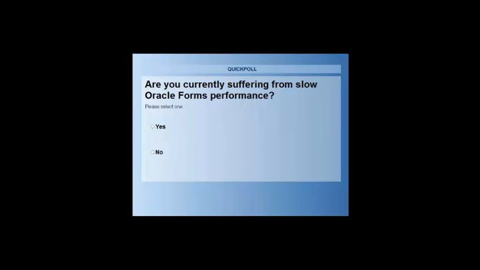The first thing I wanted to know is, basically, how many of you are actually suffering from Oracle Forms performance problems. It always gives me kind of a guide on if I should focus on improving and optimization, or really, how to figure out where our problem areas are and how to solve those issues as they arise. So when everybody finished voting, okay.